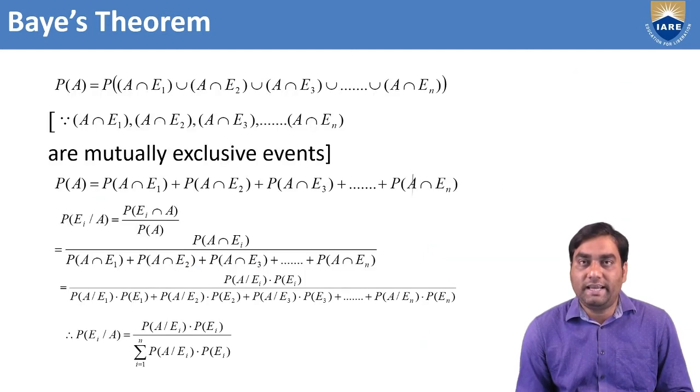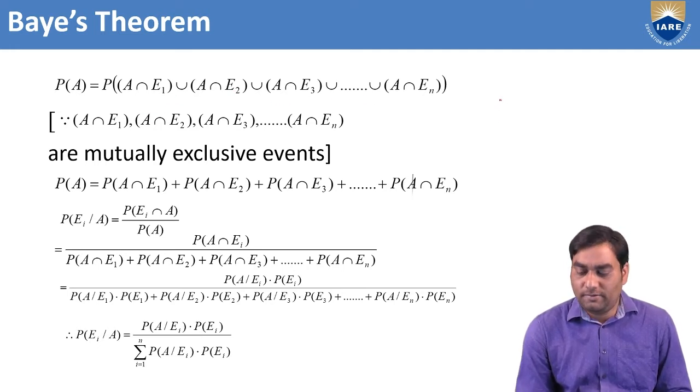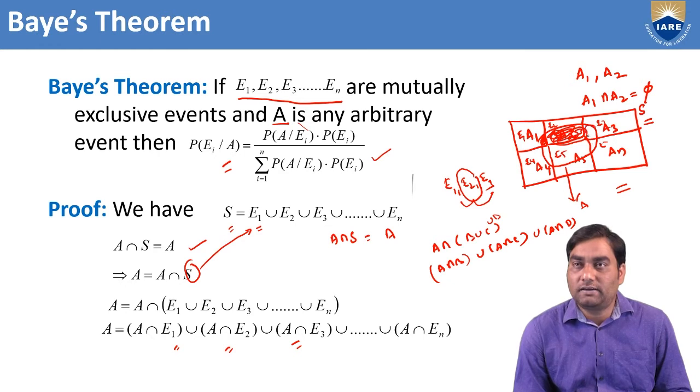After getting A, you can add P on both sides. P of A equals P of A intersection E1 union A intersection E2 and so on. Just we added P on both sides. But you observe in the diagram, this is E1, this is A. This is the A intersection E1 part, A intersection E2 part, this part, A intersection E3, this part.